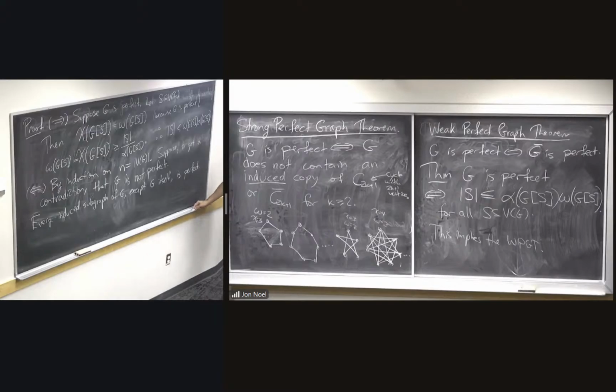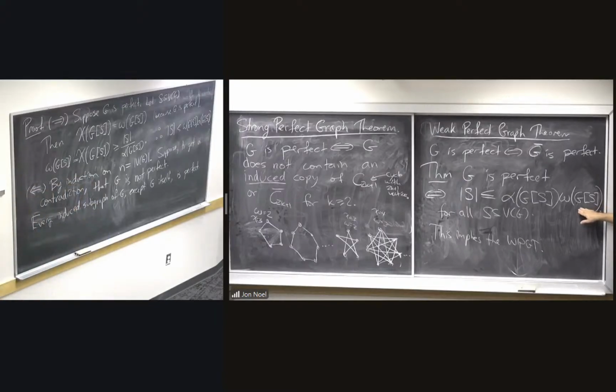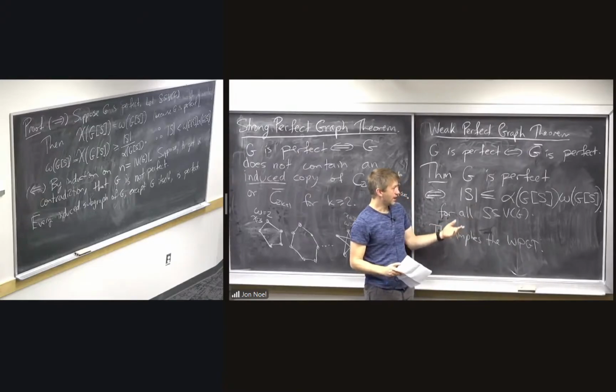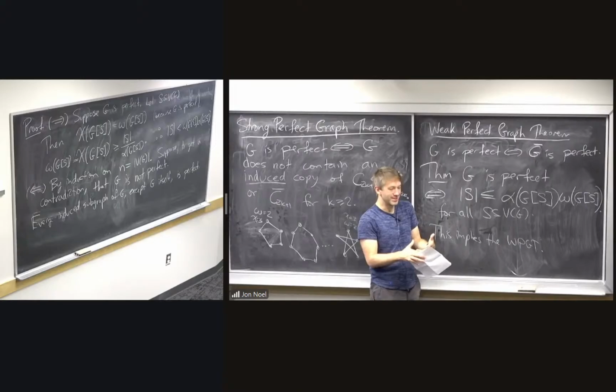Because to prove this direction, I'm assuming this thing for every subset of the vertices of G. So if I take an induced subgraph of G, it's going to satisfy this property, because a subset of a subset of the vertices is still a subset of the vertices.